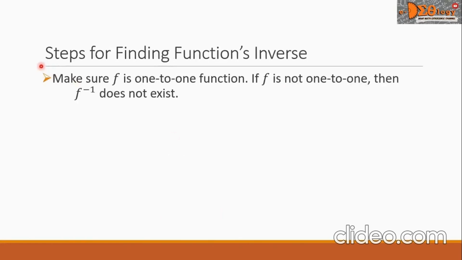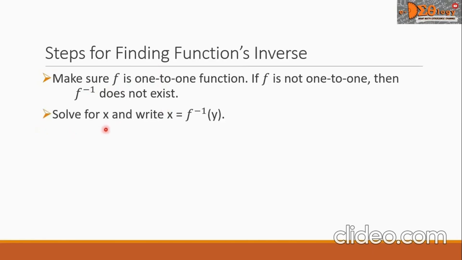These are the steps for finding the function's inverse. Step 1. Make sure the given function is a one-to-one function. If f is not one-to-one, then f inverse does not exist. Step 2.